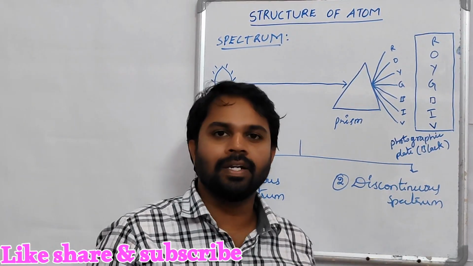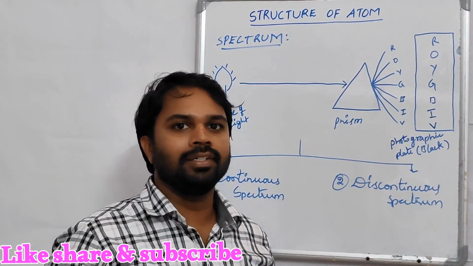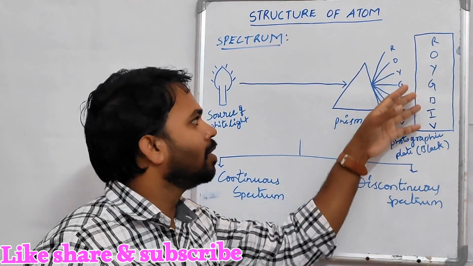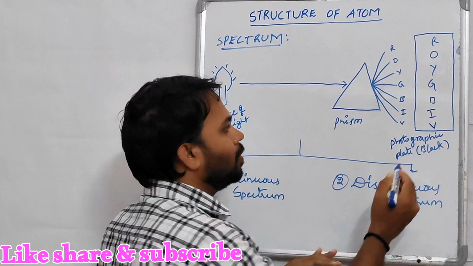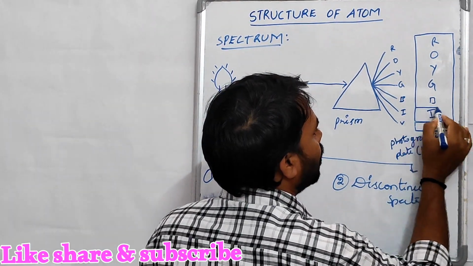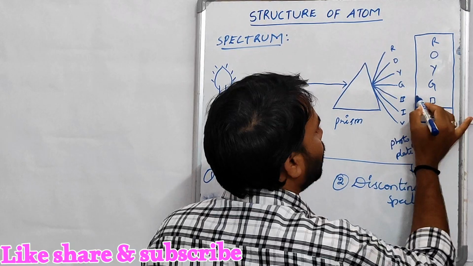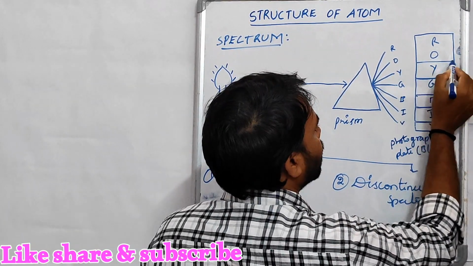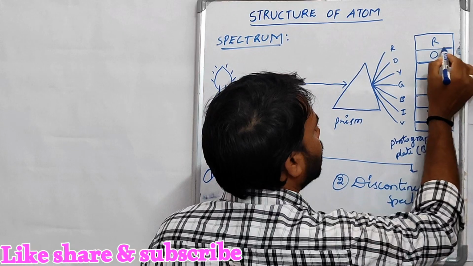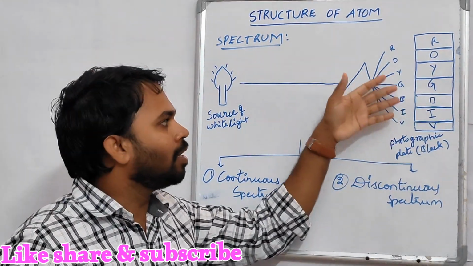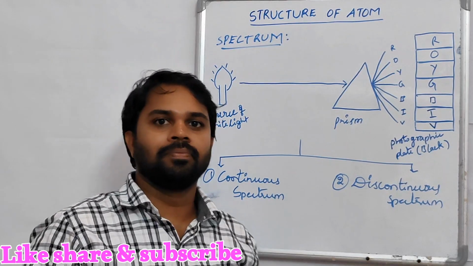Now, discontinuous spectrum. The spectrum having distinct, well-defined lines or gaps between the colors. For example, violet is up to here, indigo is up to here, blue is up to here, then green, yellow, orange, red. In between these colors, particular lines or gaps are present.